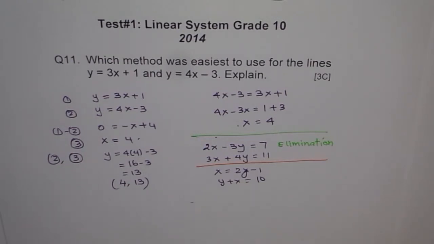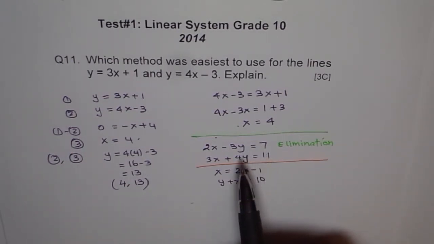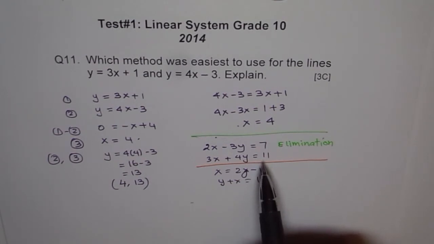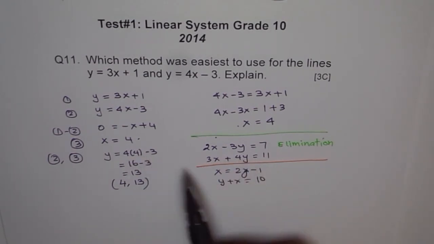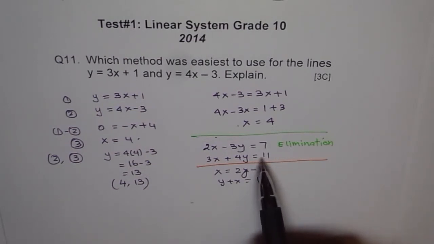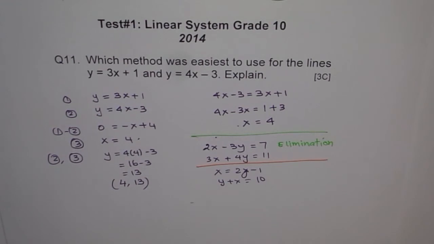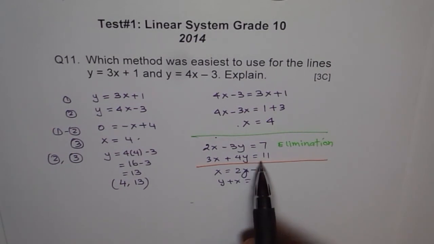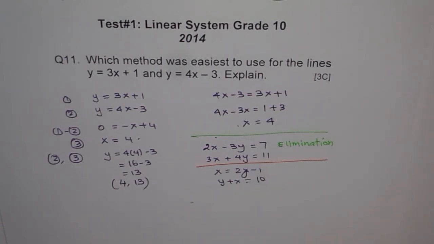In most cases, things may not be so simple that you can use substitution. Elimination can be used in almost any equation. So in a given scenario like this, I will prefer substitution over elimination. But here, this is an example where elimination is far better than substitution. Okay, I hope you understand. Thank you.